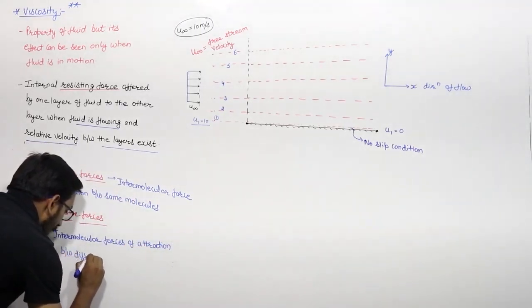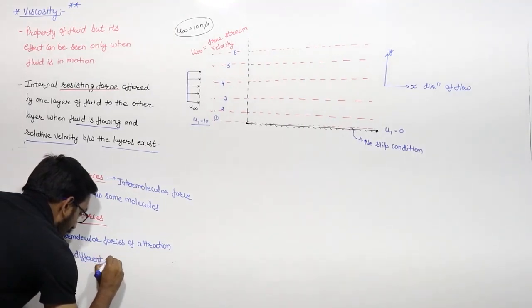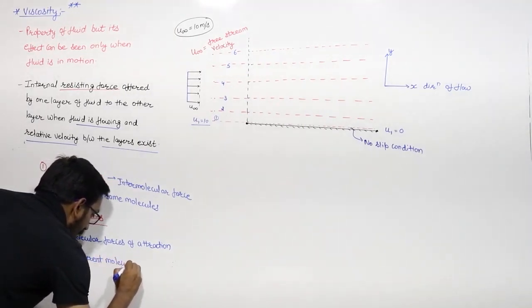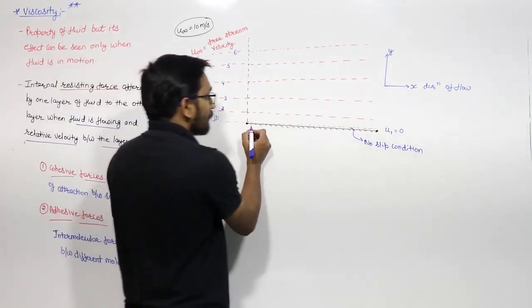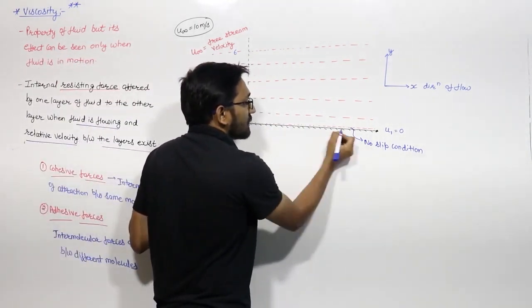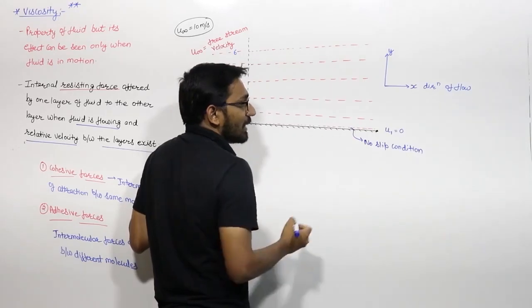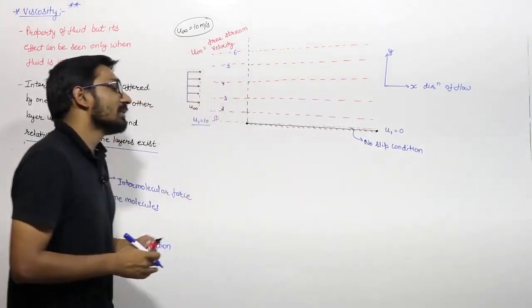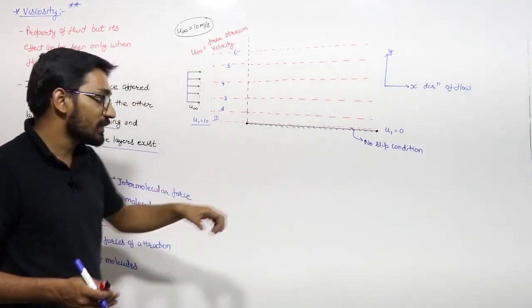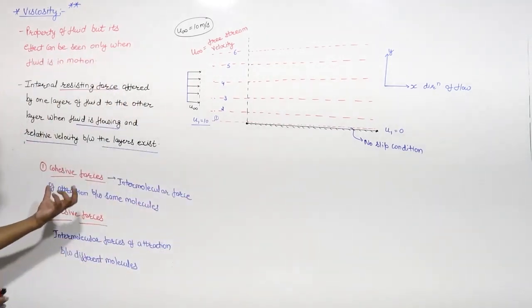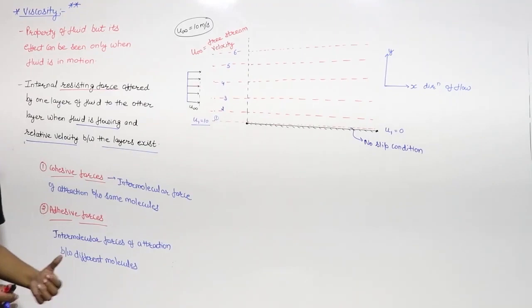Suppose this boundary is made up of iron, and this is water. Then the force of attraction between the water and the iron molecules is adhesive force, and the force between the water molecules is cohesive force.